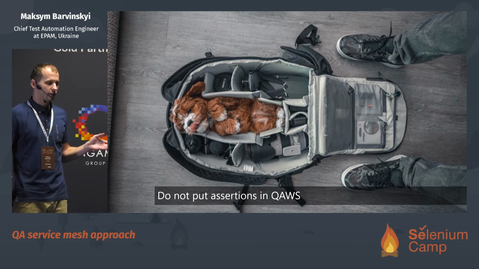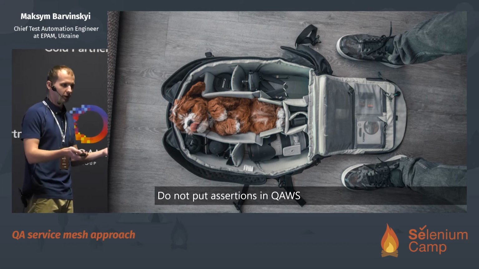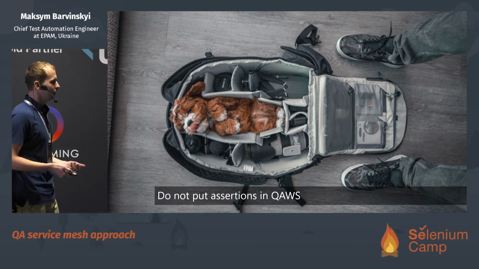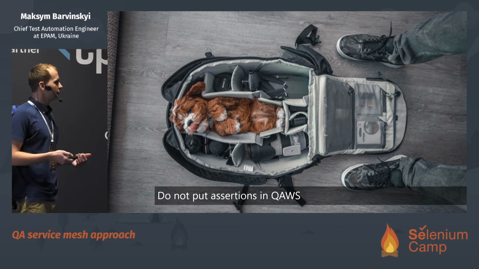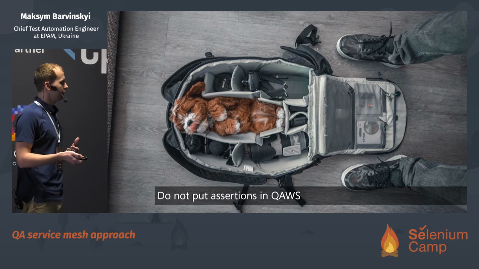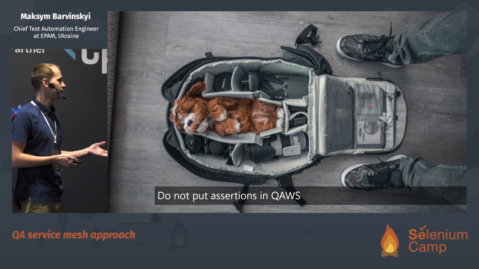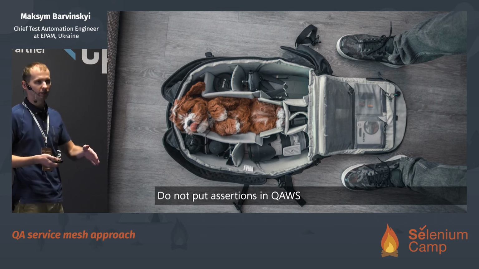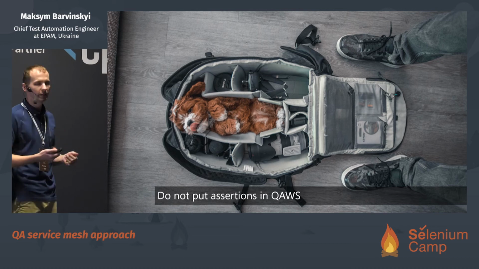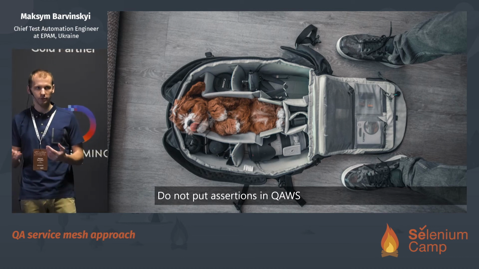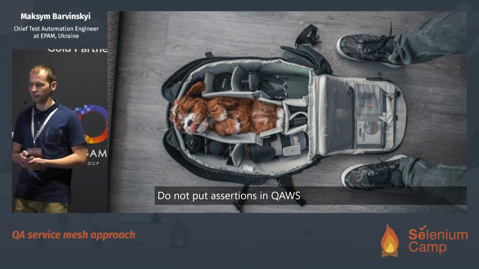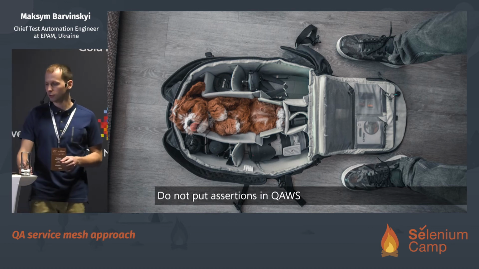Don't do it, because tomorrow you're going to need another assertion. So even if you do stuff like that, at least have another endpoint that would get you a raw message that you could work with in any way you like.